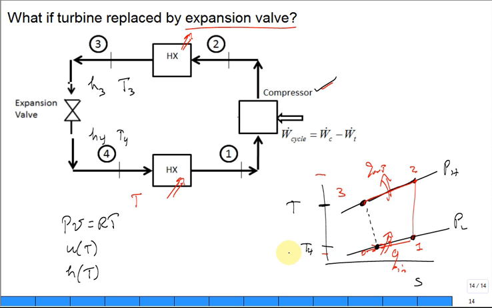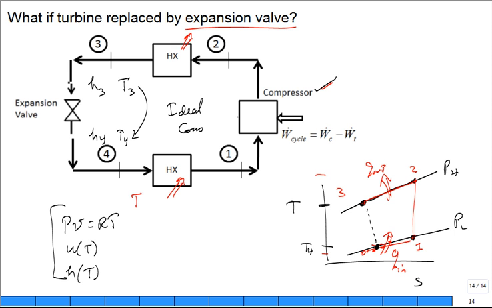Is T4 lower than T3? With the Brayton cycle, this is an ideal gas. These are the 3 characteristics of an ideal gas. So what about T3 and T4? They're the same. Who said that? Yep, they're the same. Thank you.